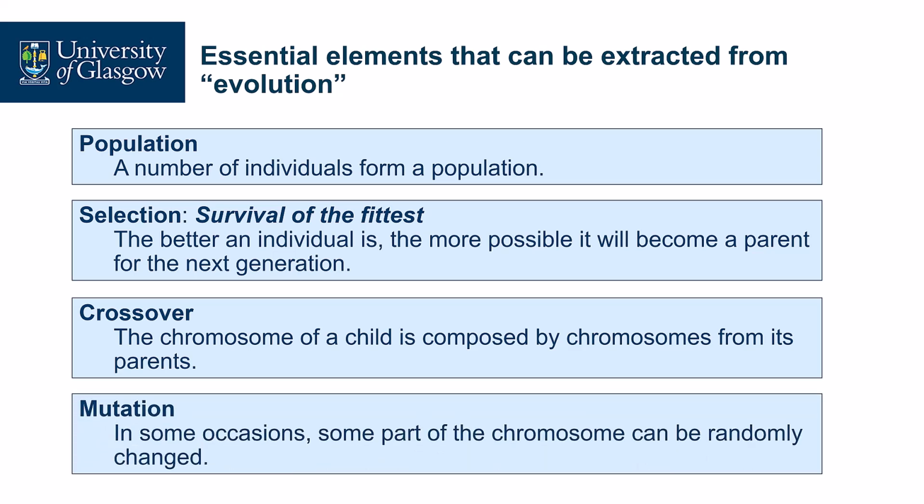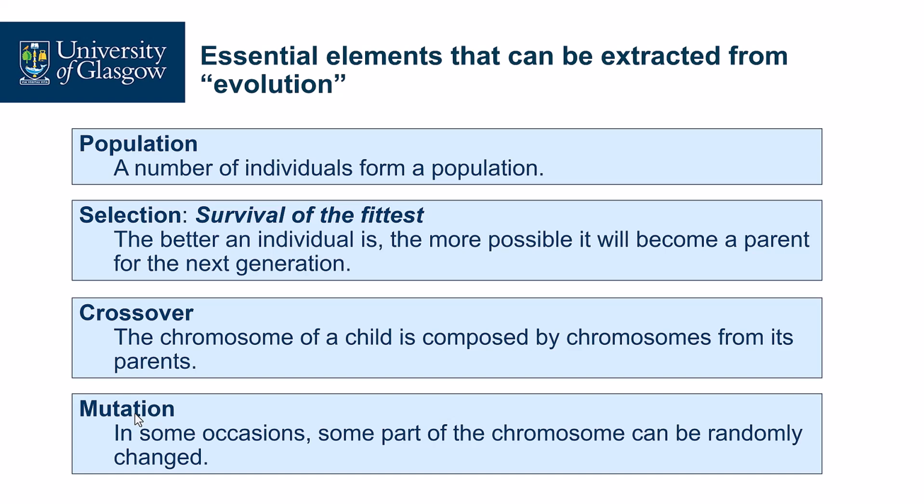Occasionally, some part of the chromosome can be randomly changed. We call this mutation. So from the mouse story, we extract the population, the selection based on survival of the fittest, and crossover and mutation to exchange information. These four elements are what we can use in optimization.